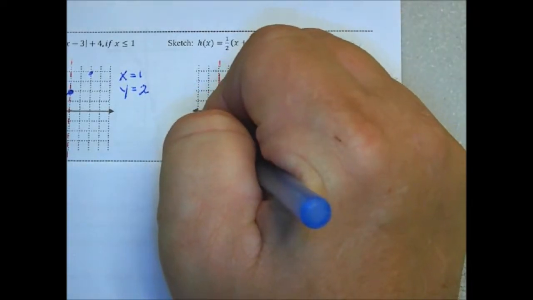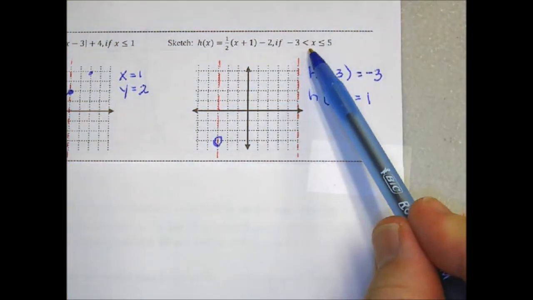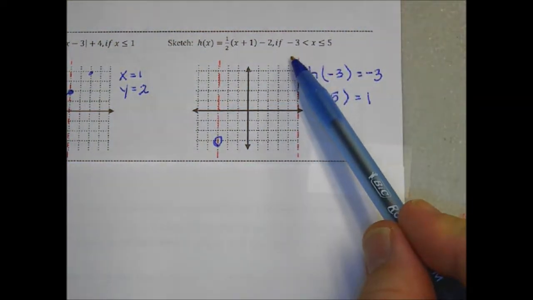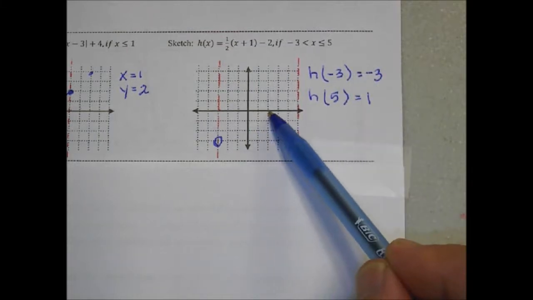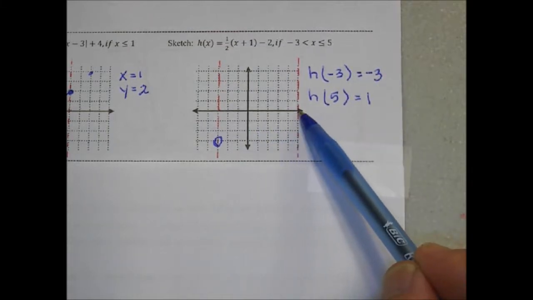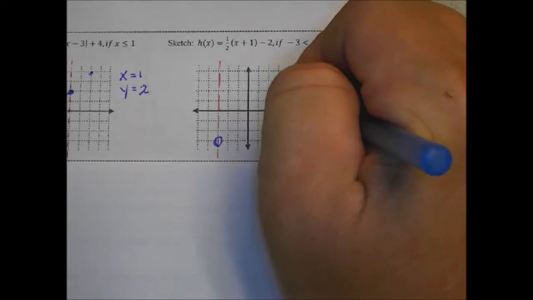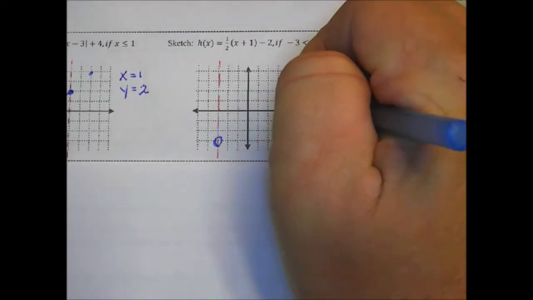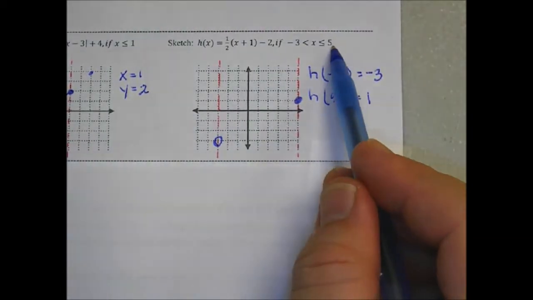Now this one's an open circle because we really can't use the value of negative 3. Now when x is positive 5, y is positive 1, and we can put it in a closed circle because we can use the actual value of 5.